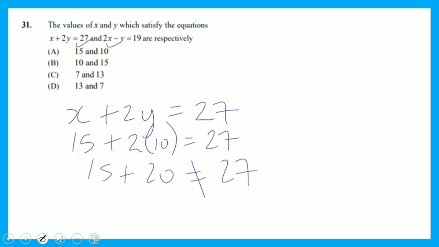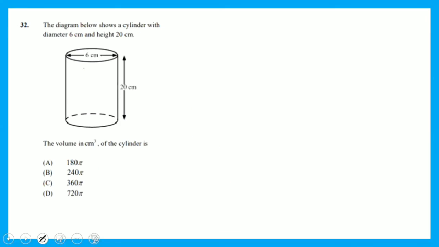So you would have known that that answer cannot work. So you go ahead and try 10 for x and 15 for y, and it doesn't work. You go ahead and try 7 for x and 13 for y, etc. And it must work for both equations. I told you this was going to be the longest part of the video.